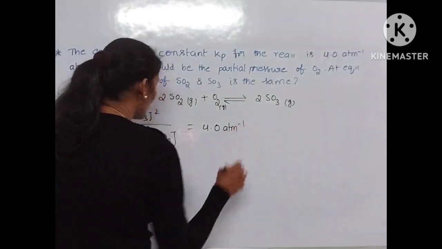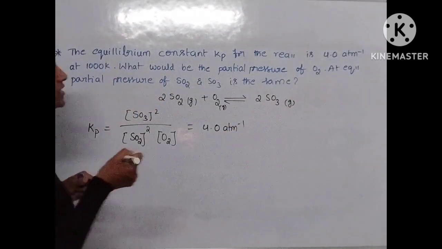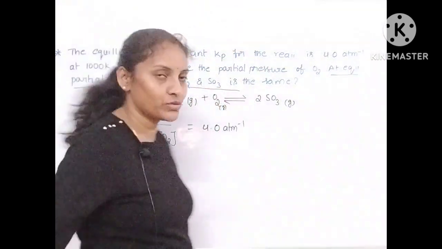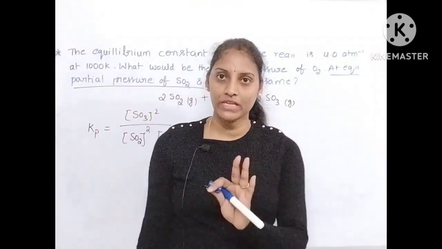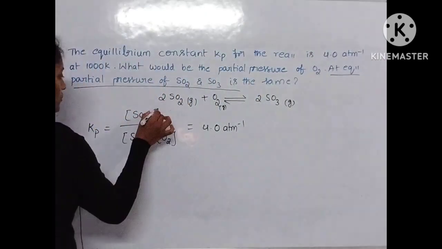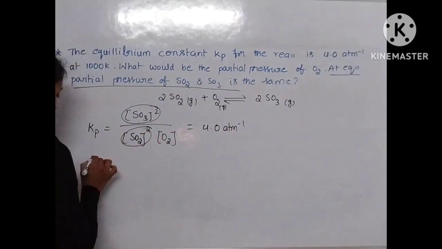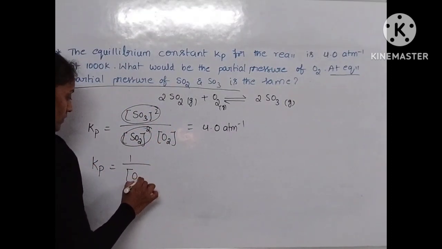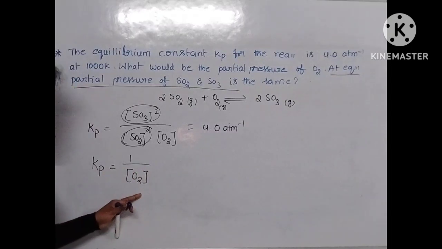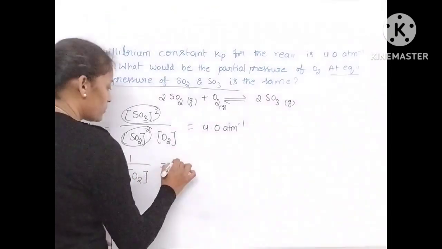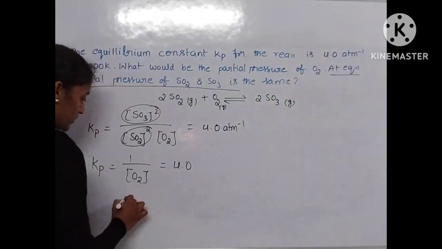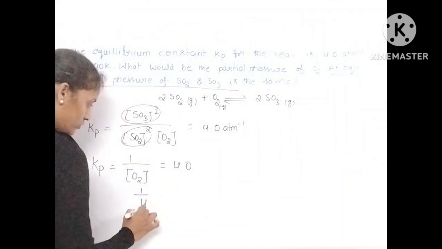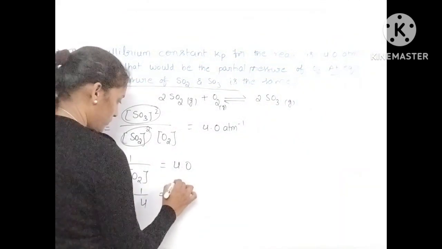Since the partial pressures of SO2 and SO3 are the same, you just ignore those two. Kp equals 1 by the pressure of O2, so this equals 4.0.